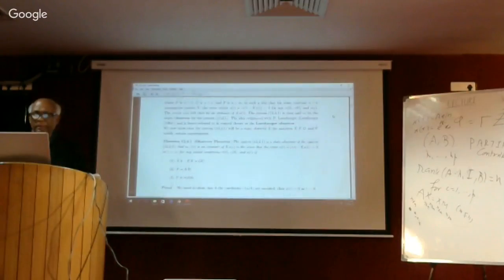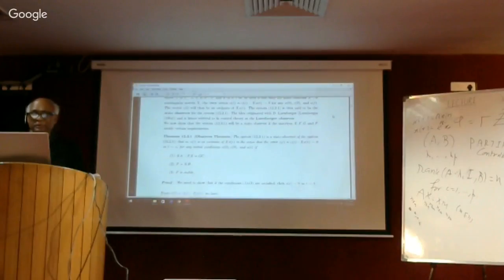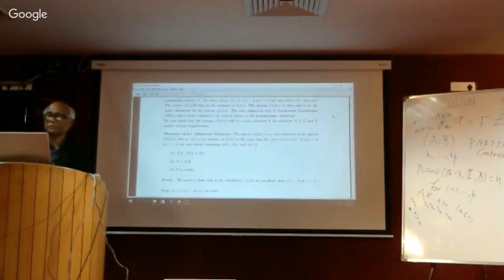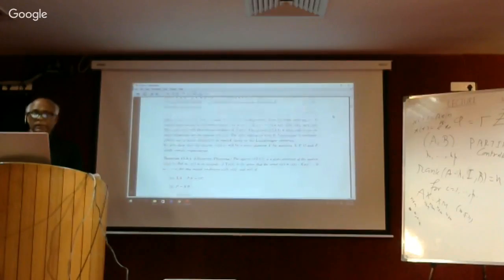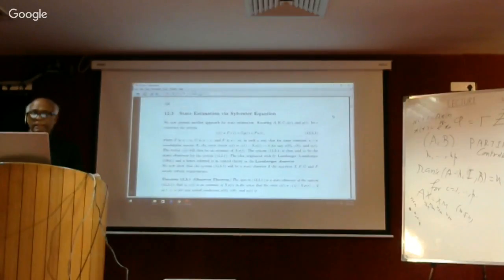Okay. So what is this approach? How do you estimate your x of t in this case? Well, here is the theorem. Here the idea is the following.